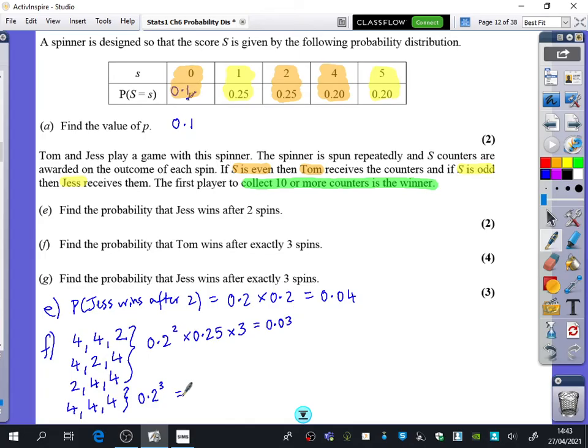And 0.2 cubed is 1 over 125, or 0.008. So the probability that Tom wins after 3 is going to be these two things added together, which is 0.038.